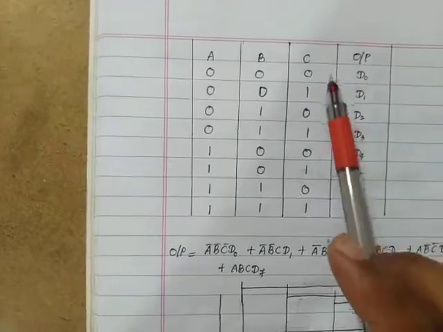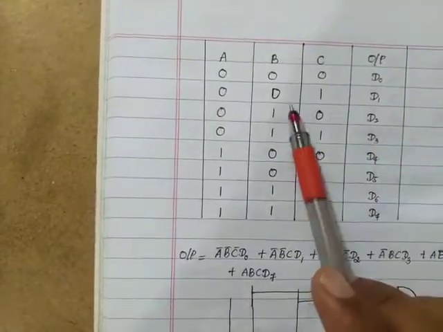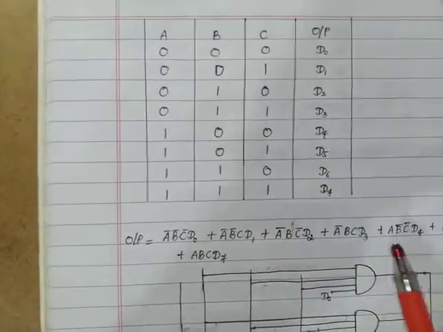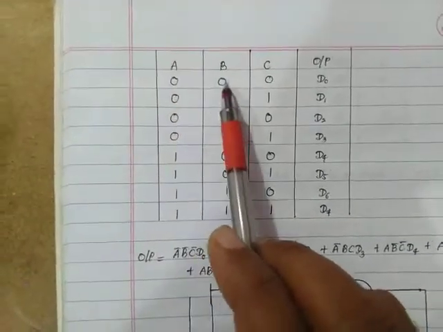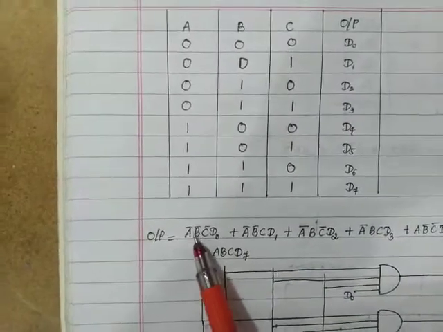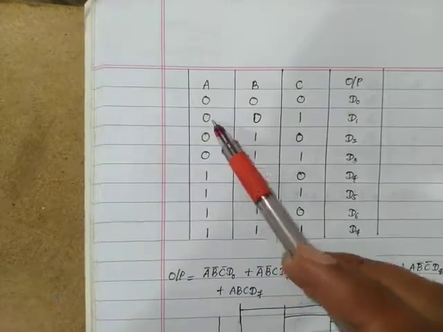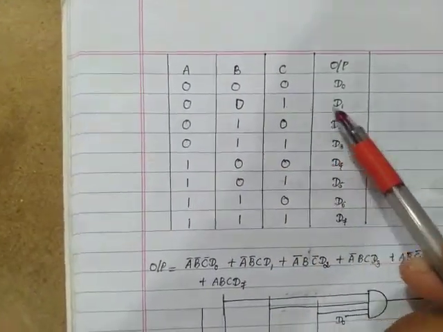Okay, I am just representing in terms of binary. 0 means 0 0 0, 1 means 0 0 1. Similarly 7 means 1 1 1. Okay, I should write the equation here. Coming to the first one, here all are zeros, D0. That's why I will consider bars: A bar, B bar, C bar, D0. Next one is A bar, B bar, C and D1.